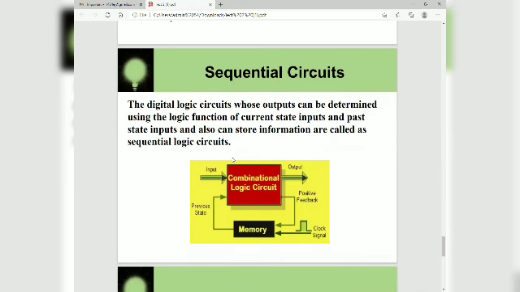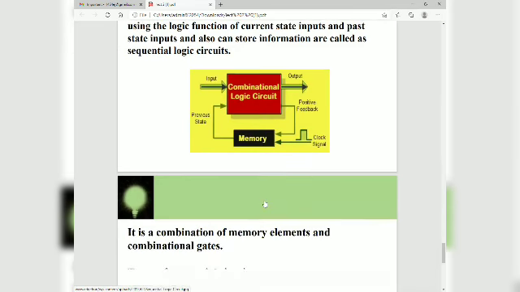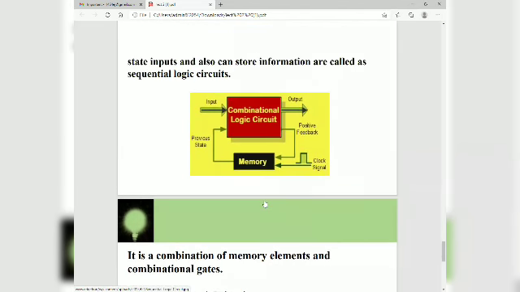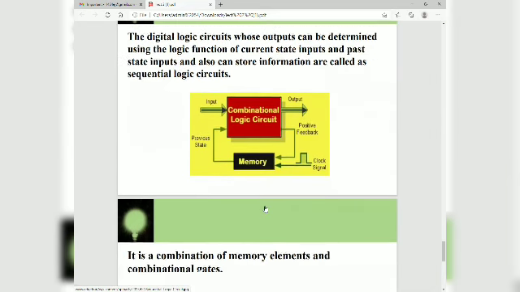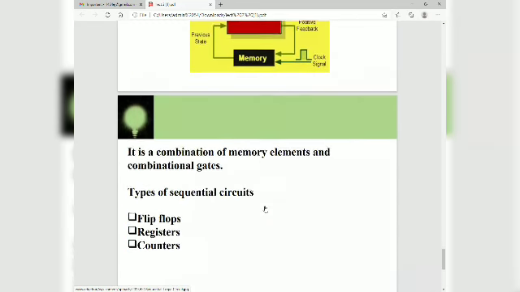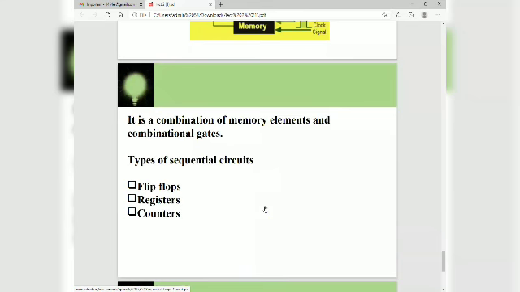This is the block diagram of a sequential logic circuit. It consists of the input, output and also the memory. It is a combination of memory elements and combinational gates.